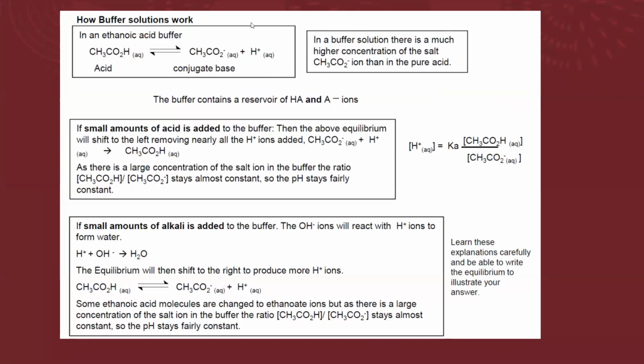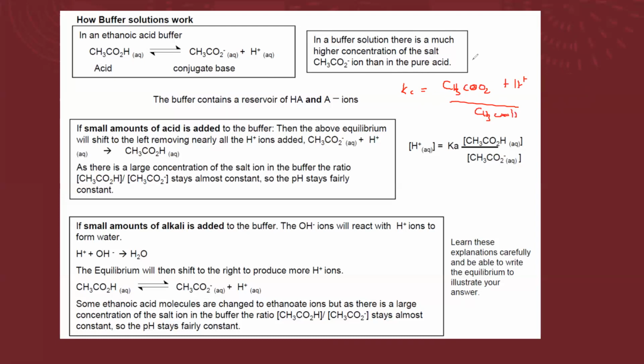So what is the advantage of having this? You can see when we write the dissociation constant Ka for this weak acid, Ka is equal to the product, CH3COO- times hydrogen ion, divided by CH3COOH.